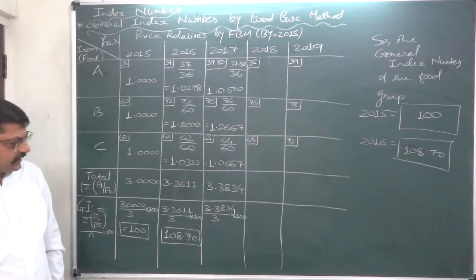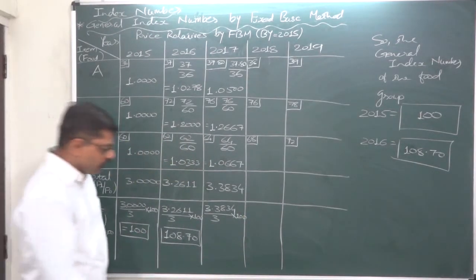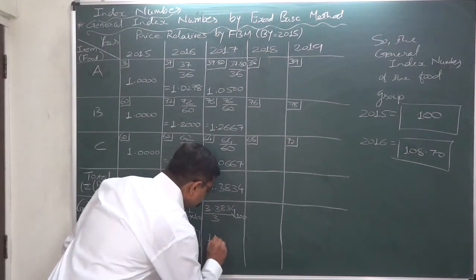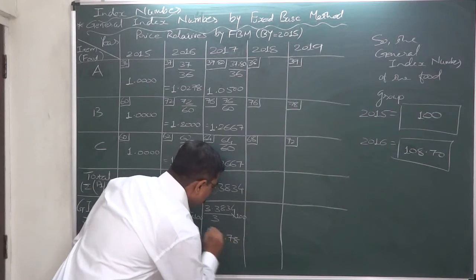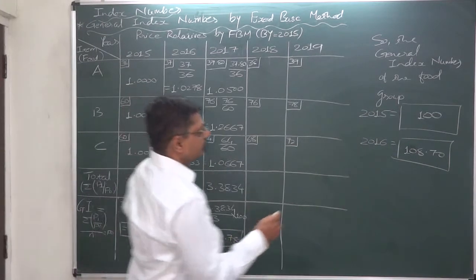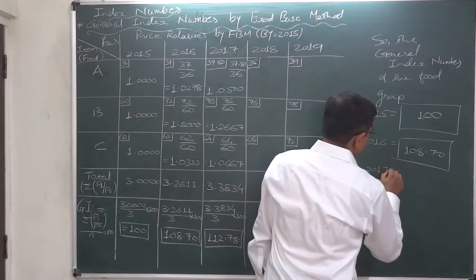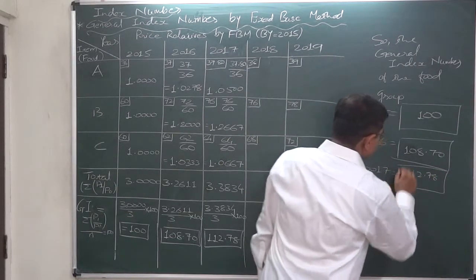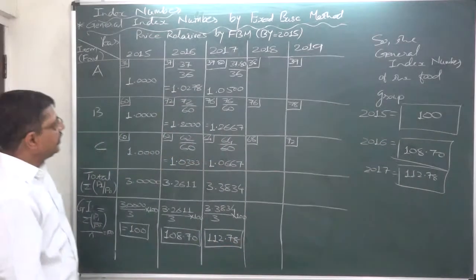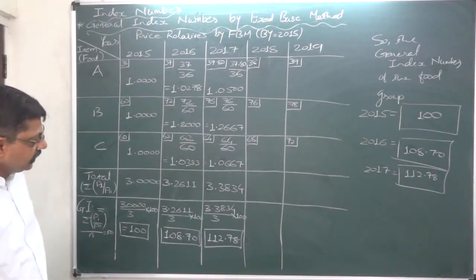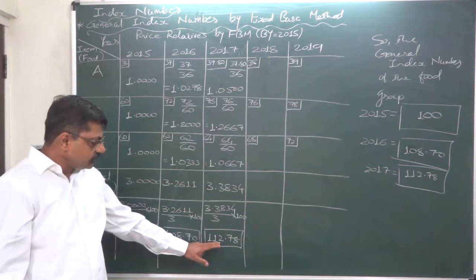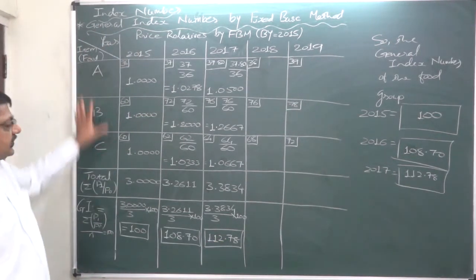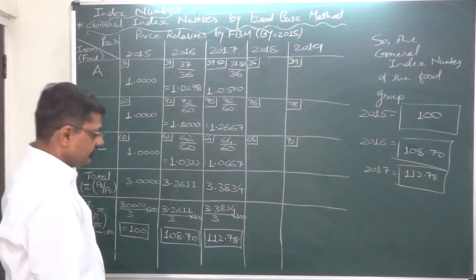Yes, 3.3834 divided by 3 into 100, it comes to 112.78. So we can say that in 2017 as compared to 2015, the average price rise is 12.78% for the whole food group consisting these 3 items A, B and C.